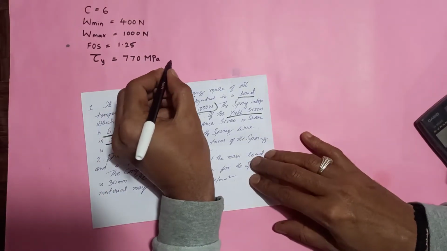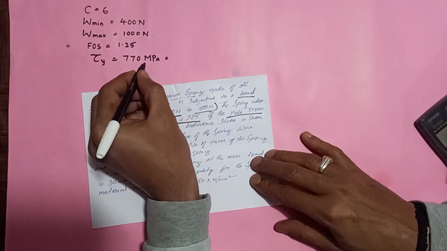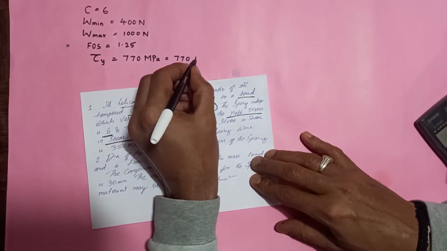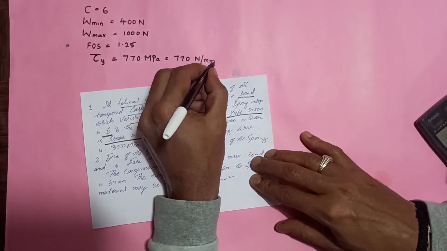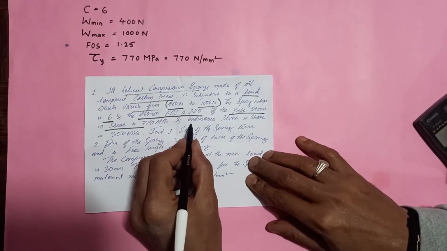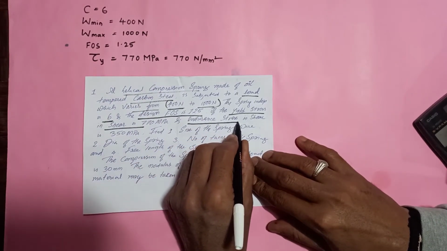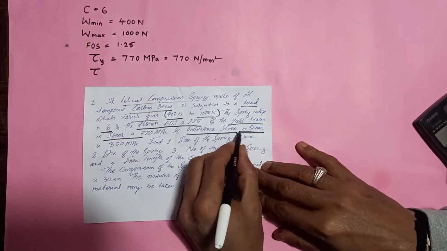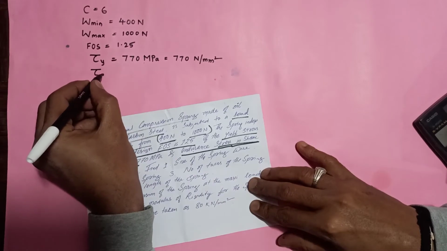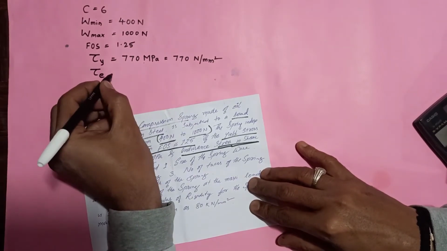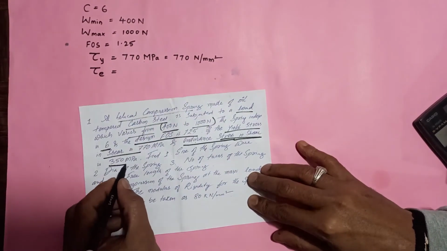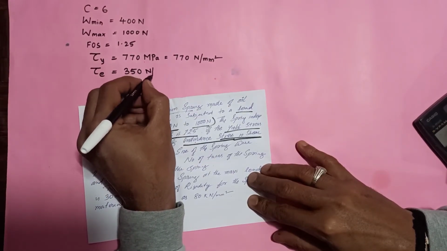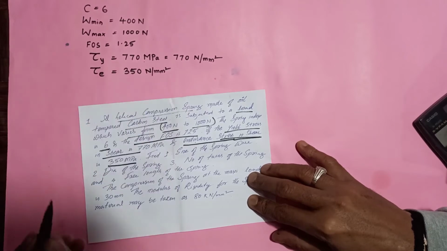We will convert this to Newton per millimeter square, where 1 megapascal is equal to 1 Newton per millimeter square. And the endurance stress in shear, denoted as tau E, is given as 350 megapascal, again Newton per millimeter square.